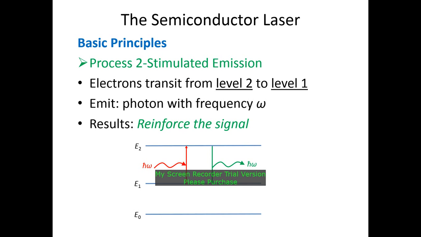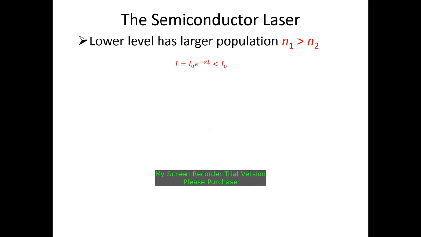However, the stimulated emission process will not directly generate a laser, unless the intensity of emission is larger than the intensity of absorption. As we know, for most materials, the lower energy level always has the larger population, which makes N1 larger than N2. When N1 is larger than N2, we have this equation for the final intensity of the signal.